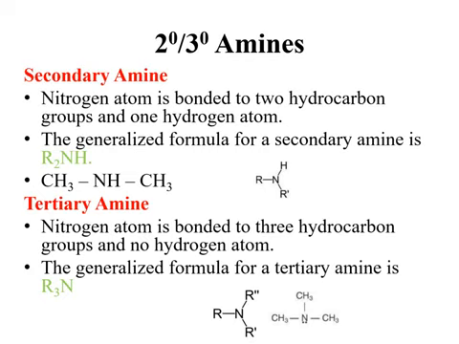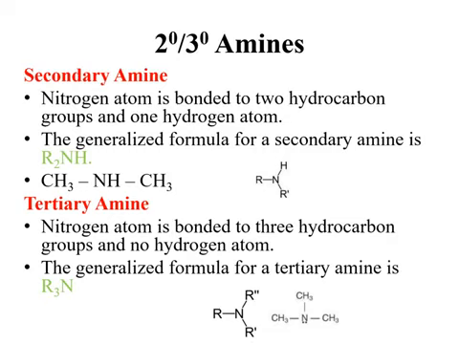The generalized formula for a secondary amine is R2NH, and in a particular example where both of the alkyl groups are methyl, this molecule will be named dimethylamine. You can see the open structure in which nitrogen is linked with two R groups. One of the R groups is simple R, and the other R group has a prime sign, and the third bond of nitrogen is with hydrogen.